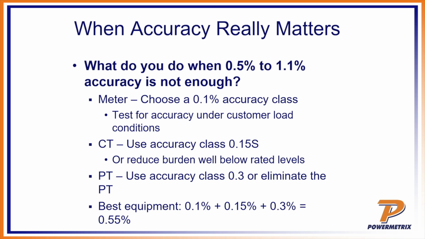I know the same thing applies to the same meter all the time. I want to reduce the burden well below the rated levels. And on my PT, I want to use an accuracy class of 0.3 or even eliminate the PT if possible. And so with the best equipment, I can get 0.1% plus 0.15% plus 0.3%, which comes out to a 0.55% error.